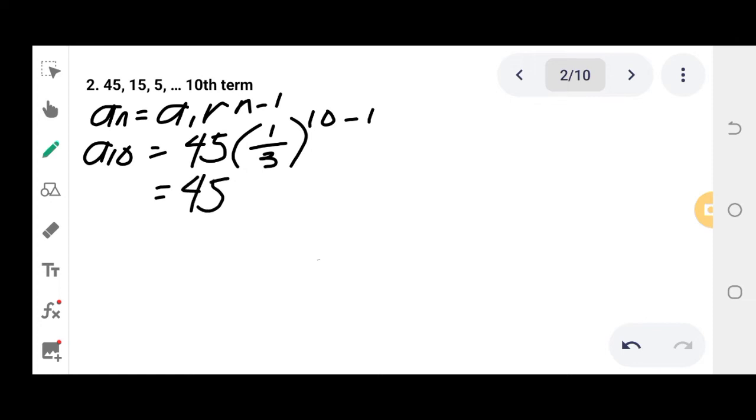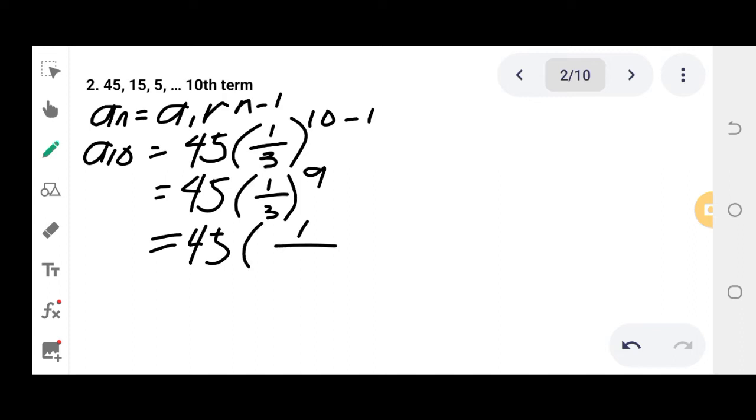Then, yung pong 1/3 raised to 9 na lang. Equals to 45. Then, yung po ating 1/3 raised to 9 ay 1 over 19,683.